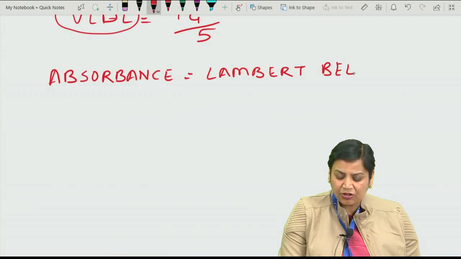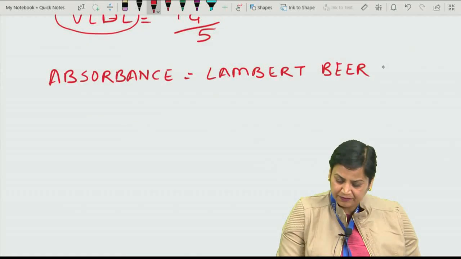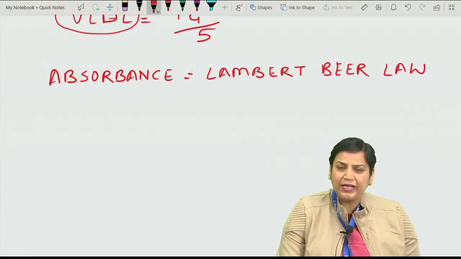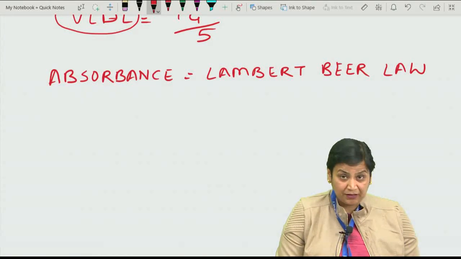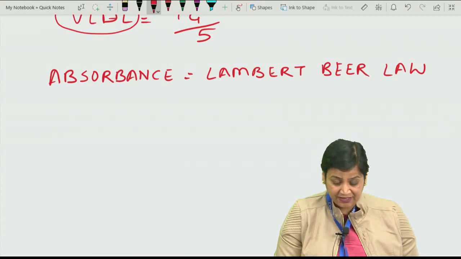They were basically the two scientists who gave the concept of principle of colorimeter or analyzer, we can say.